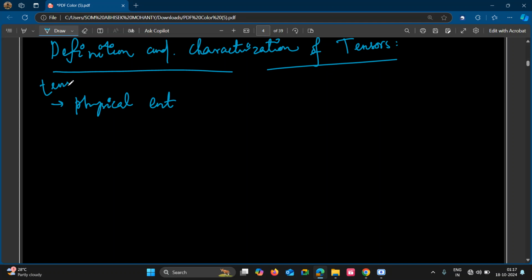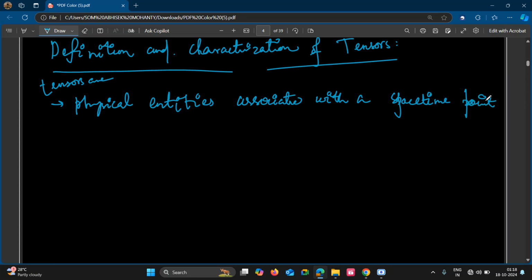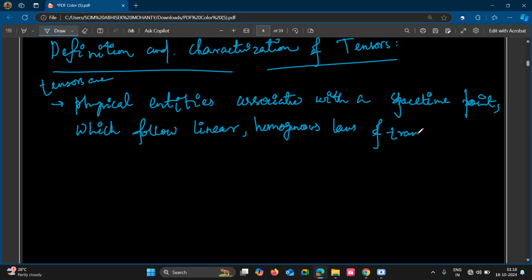We can write: tensors are physical entities associated with a space-time point which follow linear homogeneous laws of transformation under the transformation of coordinates.